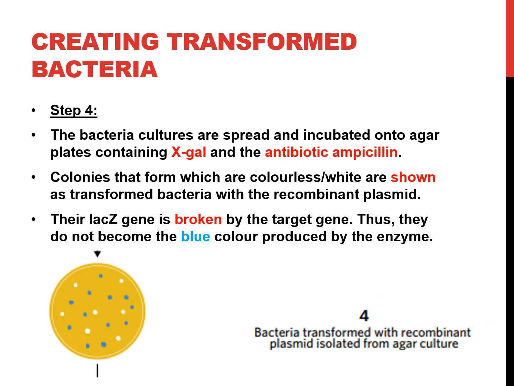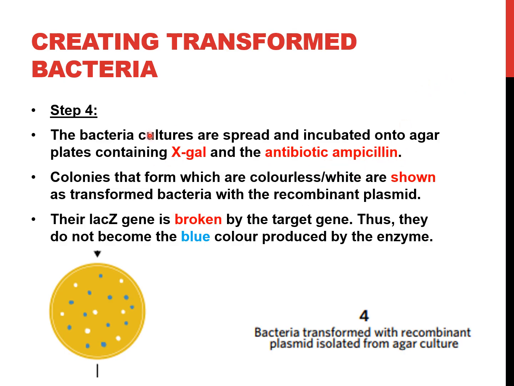Step 4. We're getting into the nuts and bolts of it now. The bacteria cultures are spread and incubated onto agar plates, as you can see here. They've put them onto agar plates that contain X-gal and the antibiotic ampicillin. The antibiotic ampicillin will kill off any bacteria that haven't taken up a plasmid, so non-transformed bacteria are killed because they do not have the resistance.